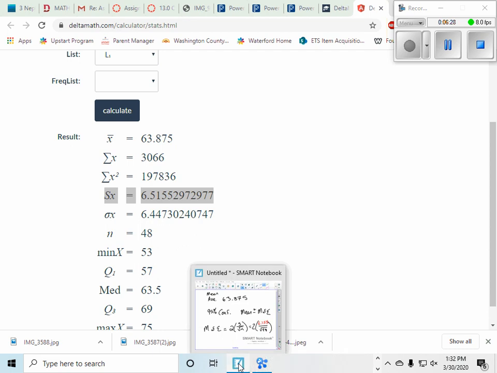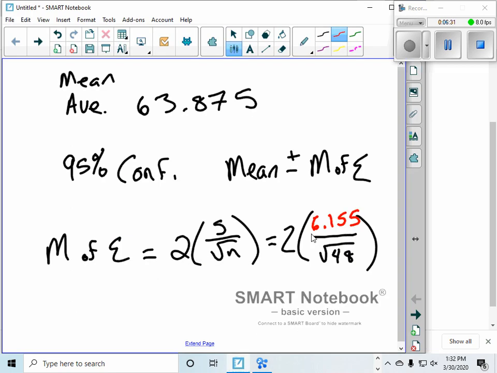And I think I wrote that number down. It should be 6.5155.